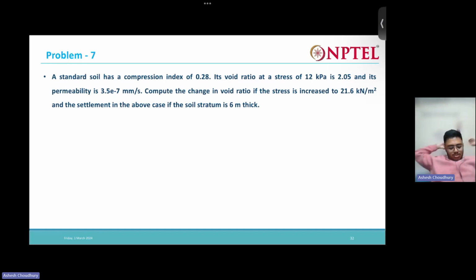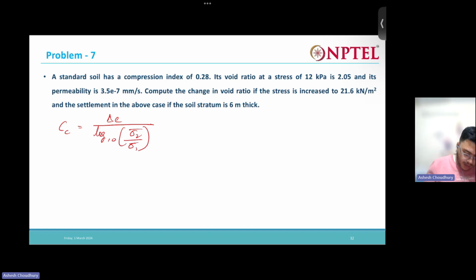The compression index of the soil is given. Now what is the compression index? If you can recall, we calculated it two problems back. Compression index is nothing but delta e over log of the stress ratio. So we put 0.28 here, delta e, log of 21.6 over 12.